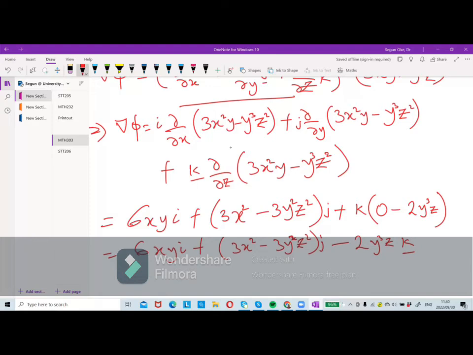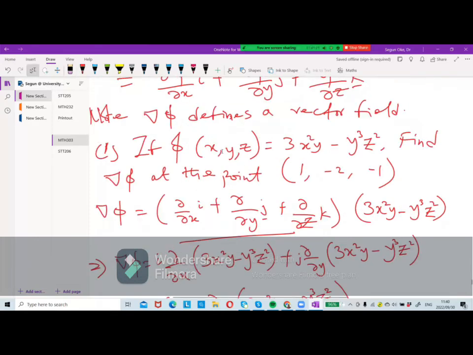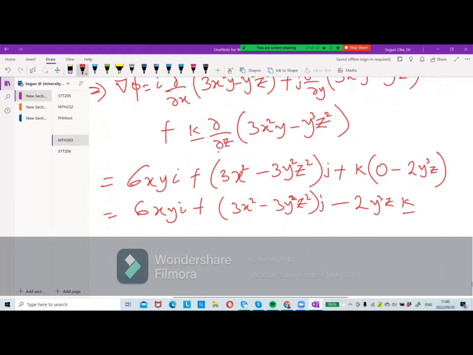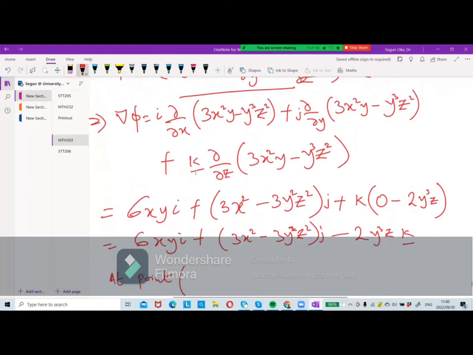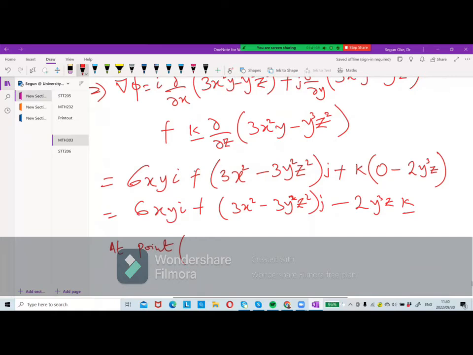So now we have the point. Substitute your point. What is your point? At the point, x equals 1, y equals minus 2, and z equals minus 1. So let's put it there.